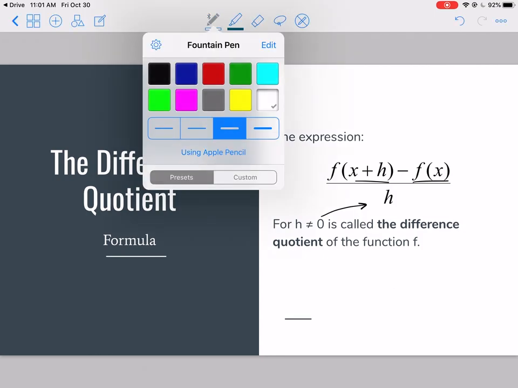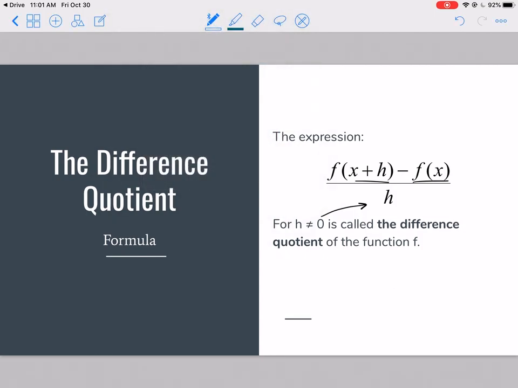Now, you guys do not really need to understand the full meaning of difference quotient. This is something that we use in calculus primarily. So for our purposes for this class, we're really just going to do the algebra of the difference quotient and just manipulate the formula. But just to give you guys kind of a general idea, in calculus we use this because it helps us determine the slope basically of a curved function, which we use a lot of curved functions in this class.